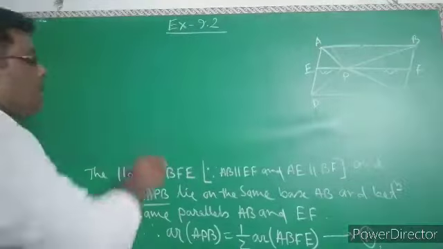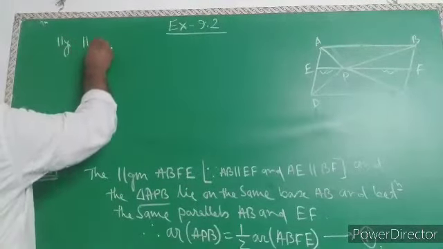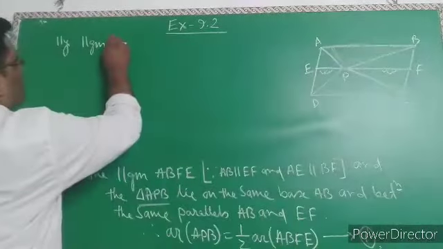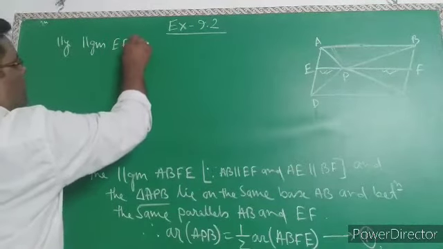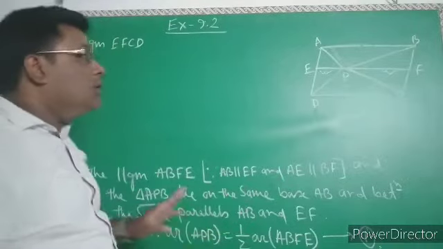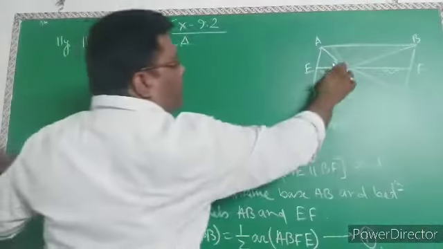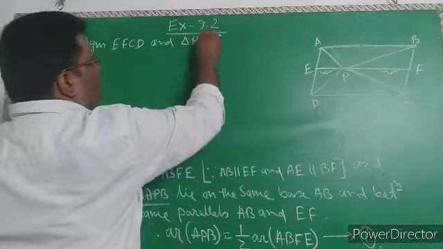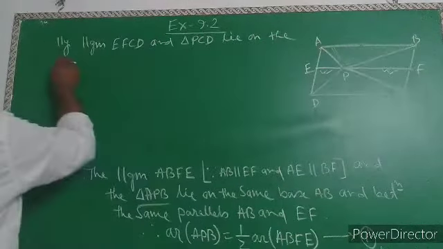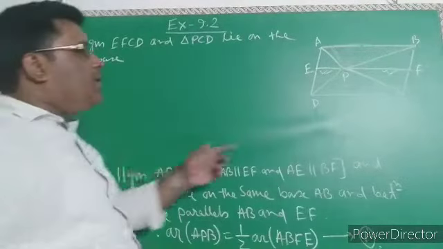Similarly, parallelogram EFCD and triangle PCD lie on the same base. So which is the same base here?